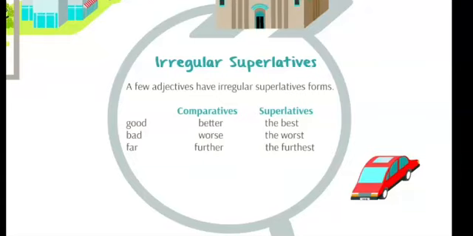But what happens when we want to talk about superlatives? The word changes. Remember that irregulars are words that change completely when we write or pronounce them. So in comparative we use better, but in superlative we use the best.